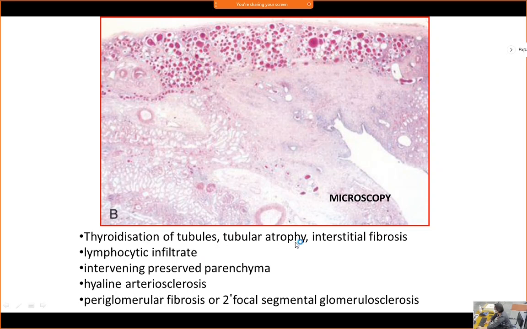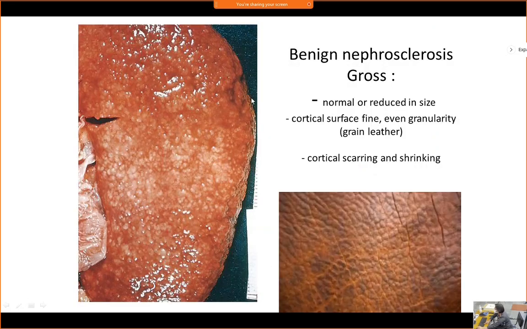The tubular atrophy is there. There is fibrosis of the interstitium. All these are features of chronic pyelonephritis. Why have I put only this picture? Because in the practicals, we show you a slide of this in which there is thyroidization, but you have to understand that this is a kidney because of the other features. It's not thyroid.